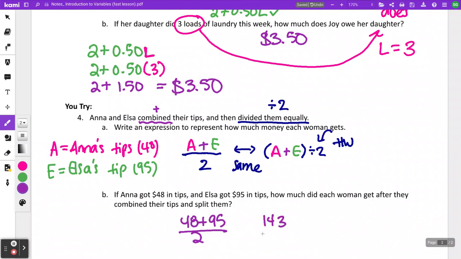And if I divide 48 plus 95, all divided by 2, we are going to get 71.5. And 71.5, if I want to make it look like money, is going to be $71.50. So that's why this expression here is helpful, because it's going to let me know exactly what math I have to do to find this answer here.